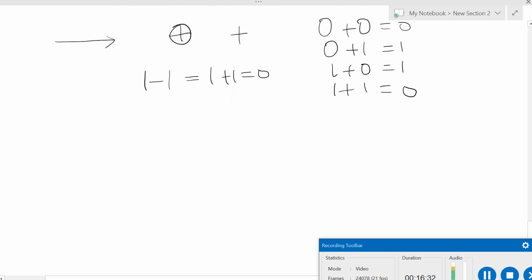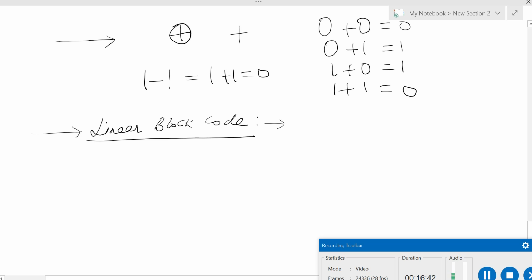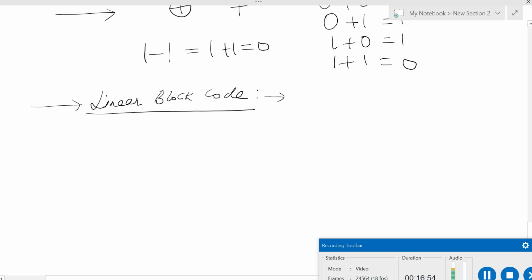And we will begin with something called linear block code. This is historically one of the earliest error control coding schemes, channel coding schemes. What is the basic thing? We want to control the error.